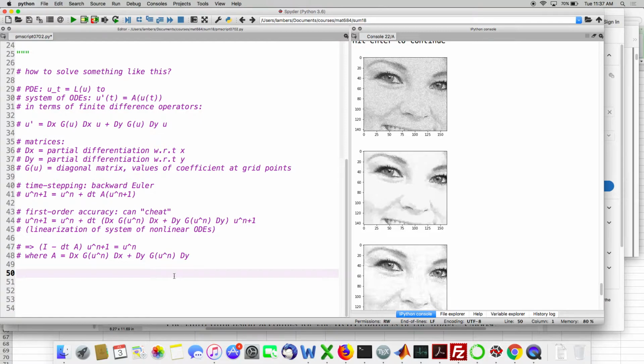Okay. So a couple things need to be dealt with. One is, this is a large matrix. So if you have an m by n image, then the matrix is going to be mn times mn. So even a relatively small image, 100 by 100, let's say, then your matrix is going to be 10,000 by 10,000.